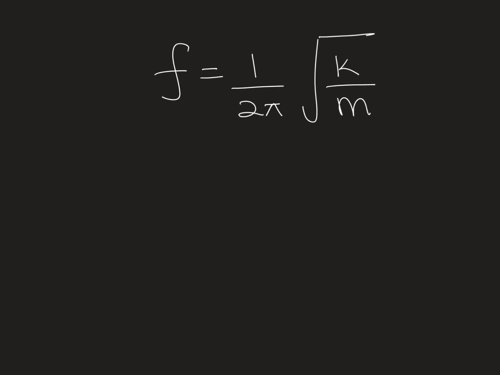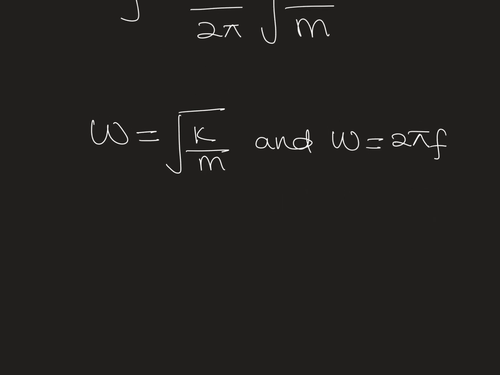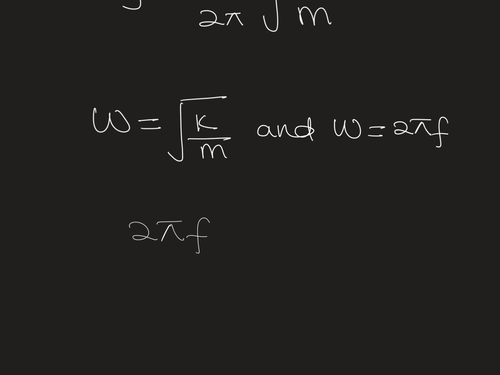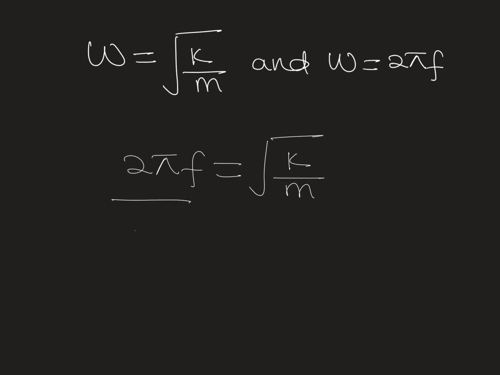So lastly, I want to prove to you how we have that formula F is equal to 1 all over 2 pi the square root of K all over M. Well, if you can remember these two formulae, that the angular frequency is equal to the square root of K all over M, and the angular frequency is also equal to 2 pi F. So if we equate these two equations, we can say 2 pi F is equal to the square root of K all over M. To make F the subject of the formula, we divide both sides by 2 pi.